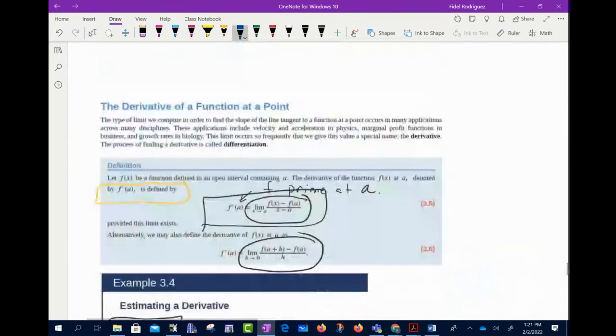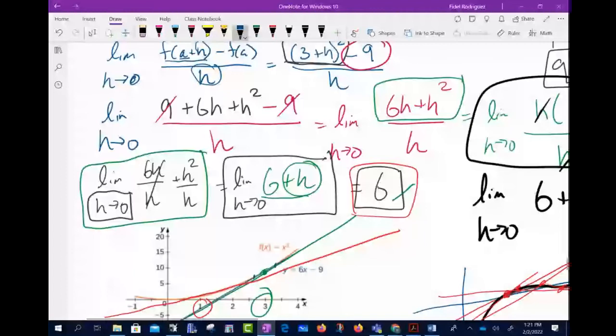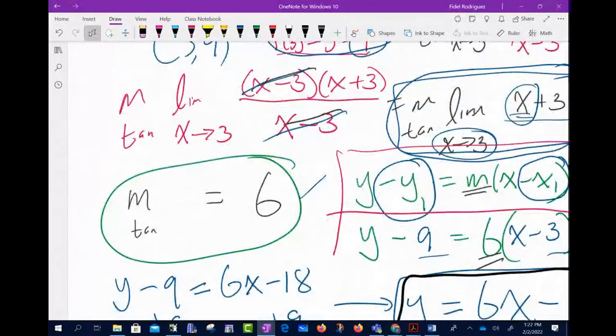But remember, didn't we do the same thing over here? And weren't we able to, when we did it, say, here we go, right here, cancel out that factor? Right? And so now, as we're approaching 3 of this expression, isn't it going to be equal to 6? There we go.